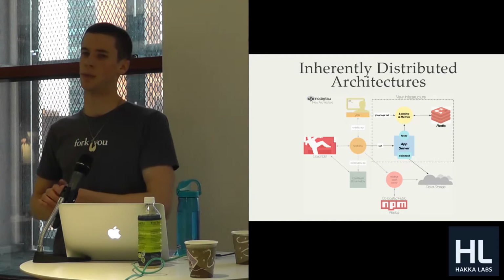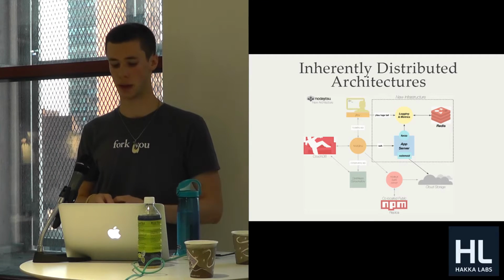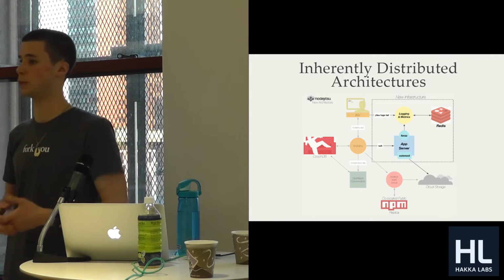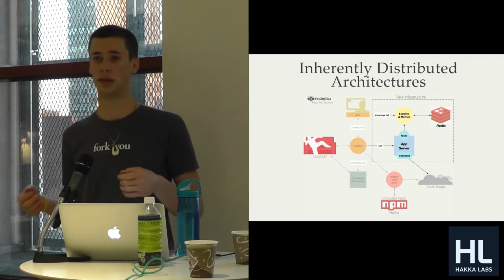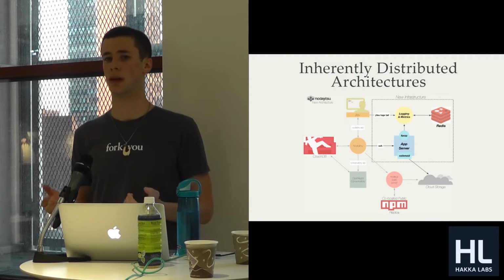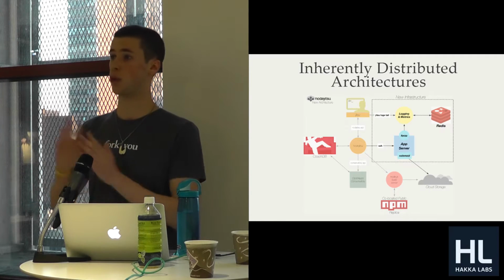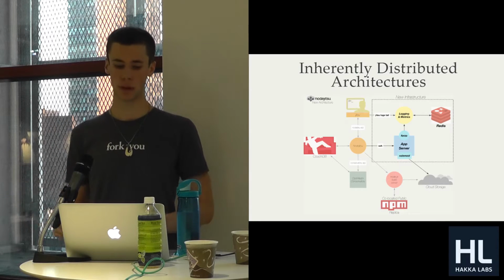Another big use case for monitoring that I've dealt with is inherently distributed architectures. We run this platform as a service at Nodejitsu, and logging for thousands of servers that we keep up and running has to be done over the network, aggregated, and stored somewhere.